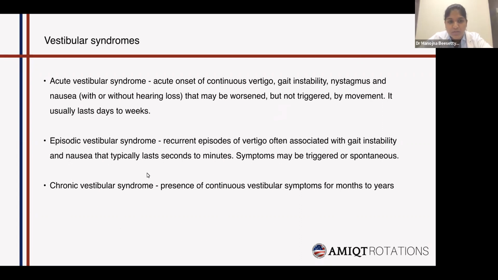The episodic vestibular syndrome has recurrent episodes of vertigo, often associated with gait instability and nausea, that typically last seconds to minutes. Symptoms may be triggered or spontaneous. The triggers could be caffeine, nicotine, alcohol, or even positional changes. The chronic vestibular syndrome presents with continuous vestibular symptoms for months to years.